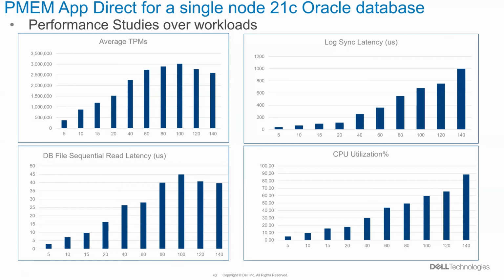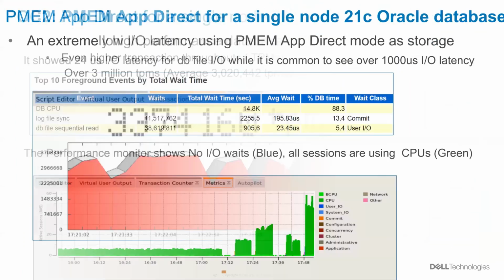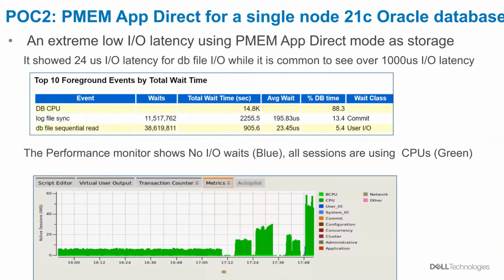I know Oracle tries to advocate direct mapping because this is one of the huge benefits of using PMem. But based on my study, it actually has a workload dependency. Specifically, the workload I'm using is this kind of TPCC type of workload, which has at least 40% write.